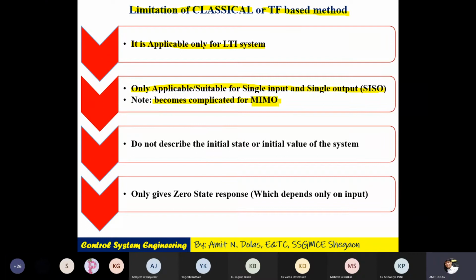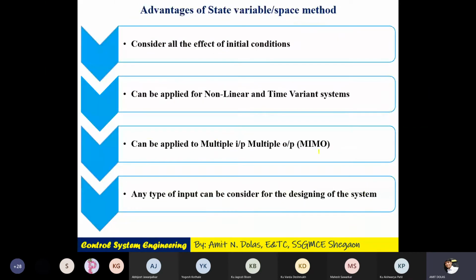We had certain examples there for 2 inputs and 2 outputs, but it becomes complicated as the number of inputs and outputs increases. It does not describe the initial state or initial value of the system, of course, that we discussed. It only gives the zero state response, which depends only on the present input. That is called the zero state response. Advantage of the state variable or state space method.